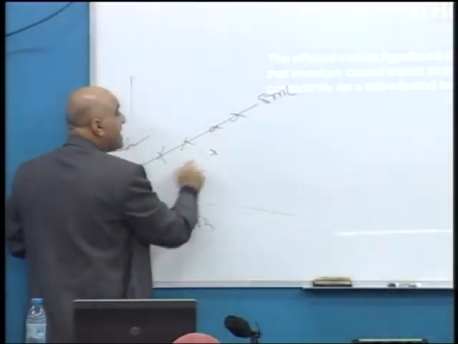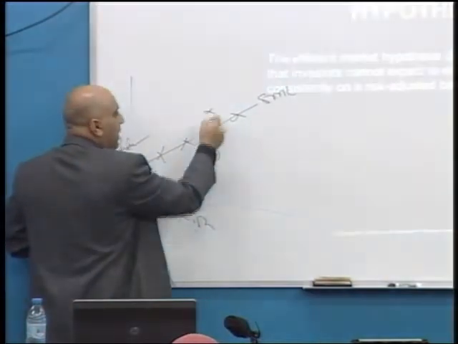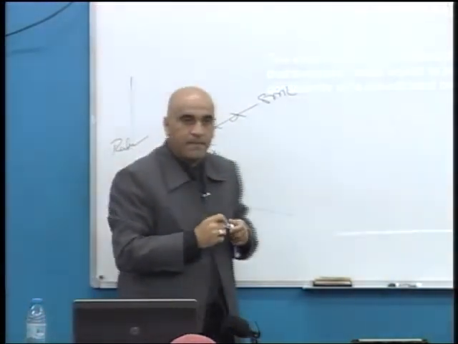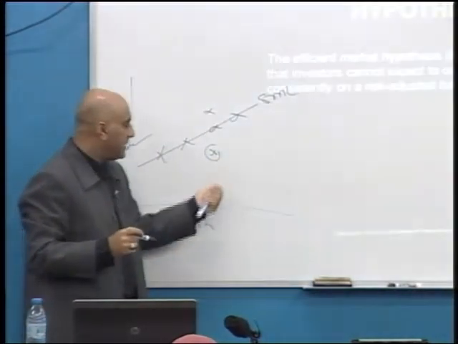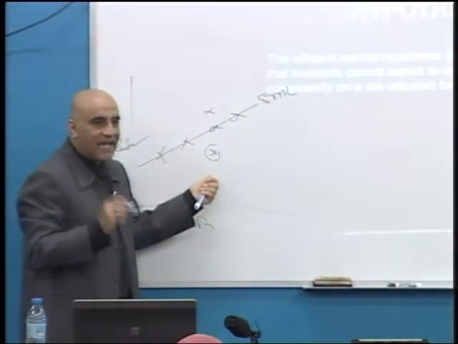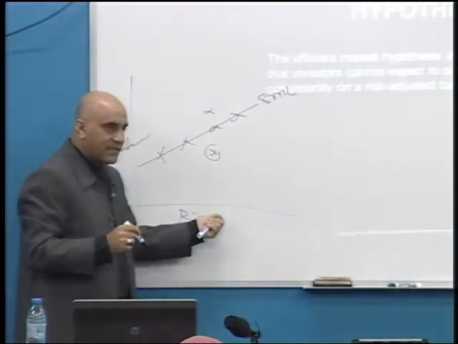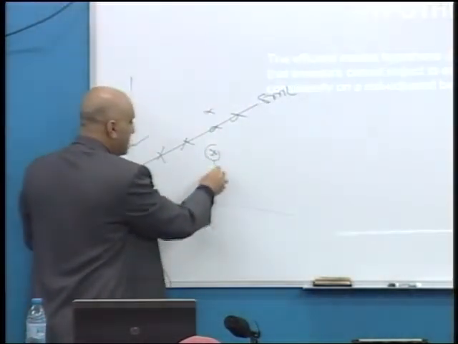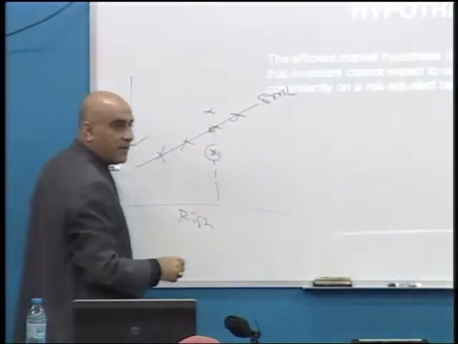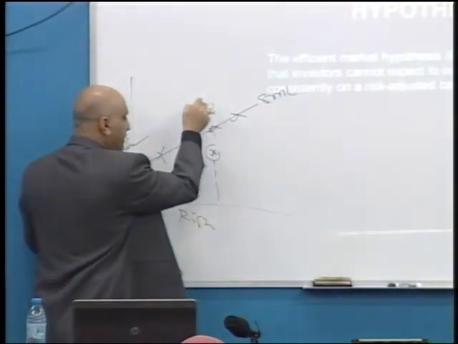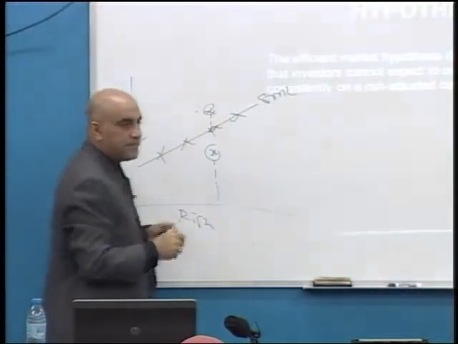But if we are in inefficient markets, we have mispricing. So this stock or this investment is not reflecting the accurate relationship between risk and return. For instance, this asset should not be in this place, it should be in that place. And this asset should not be in this place, it should be in that place.